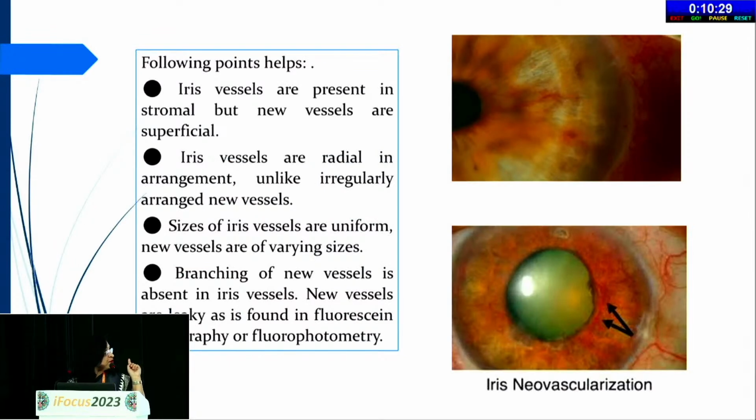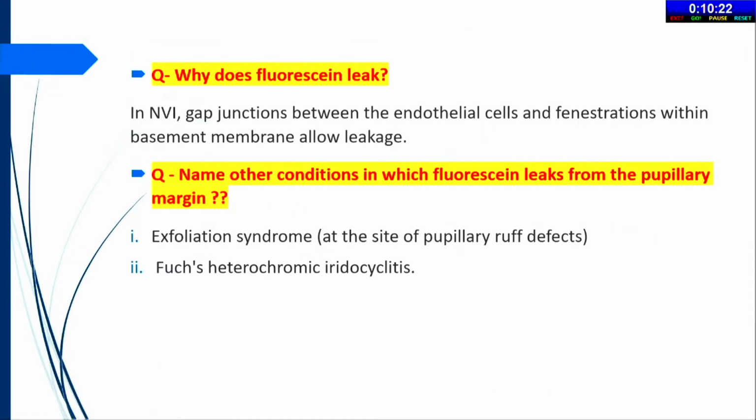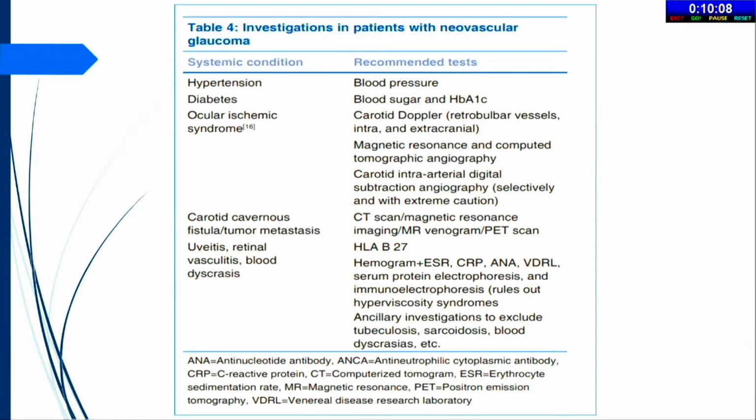In the picture, the upper one shows a normal vessel in the stroma, and the lower one, which is marked, shows new vessels. Why do they leak? Because there are fenestrations. But is there any other condition in which the vessels leak on angiogram? Yes, in exfoliation syndrome and Fuchs heterochromic iridocyclitis. So that could be a differential.